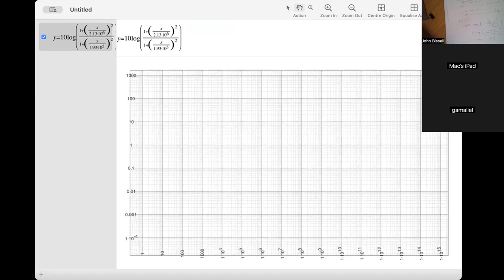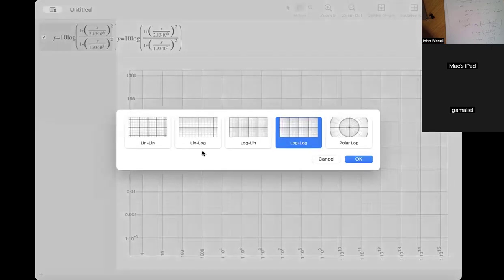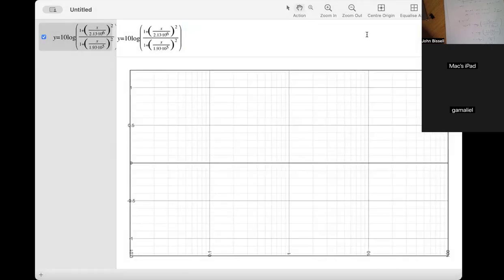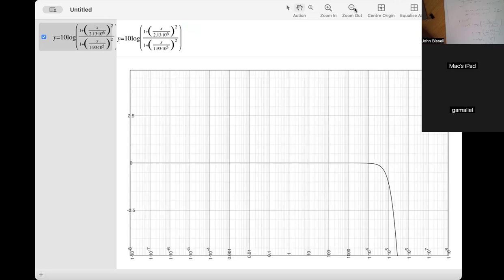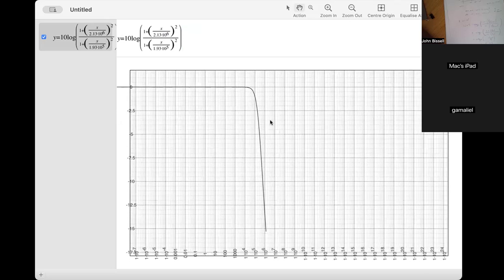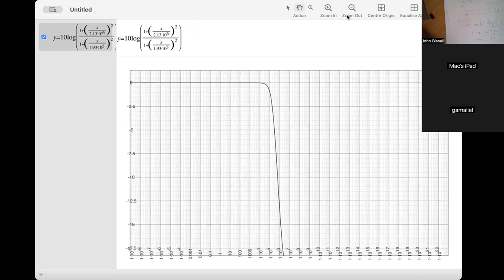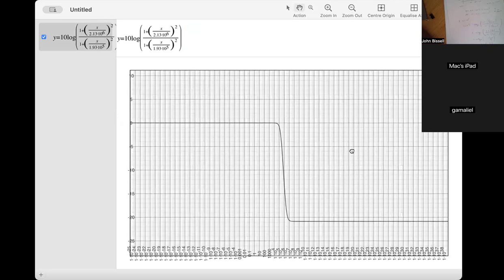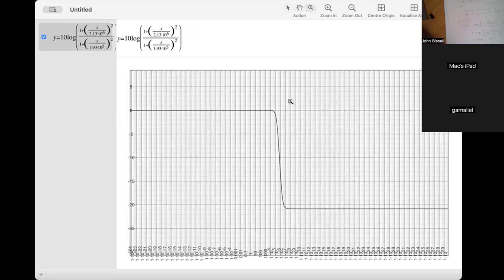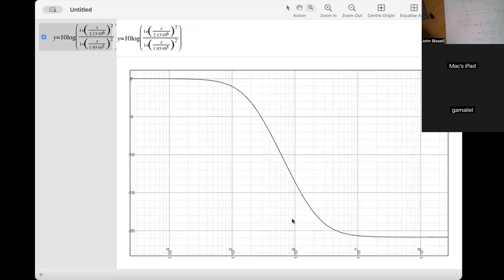Hang on. I want log linear, don't I? Yeah, there you go. There we are. That's what I did wrong. I want log linear. Okay.